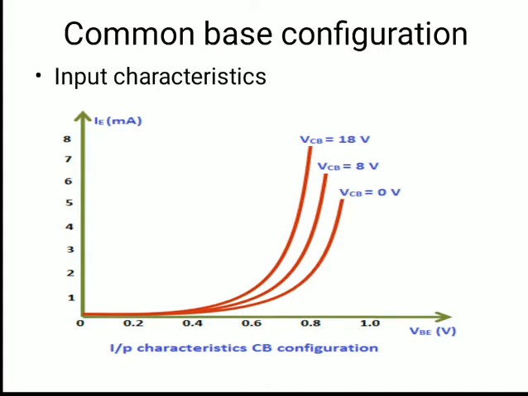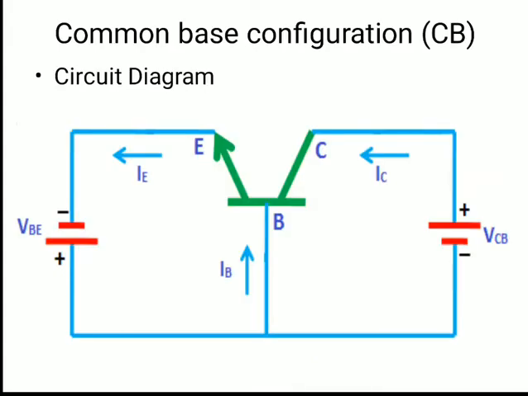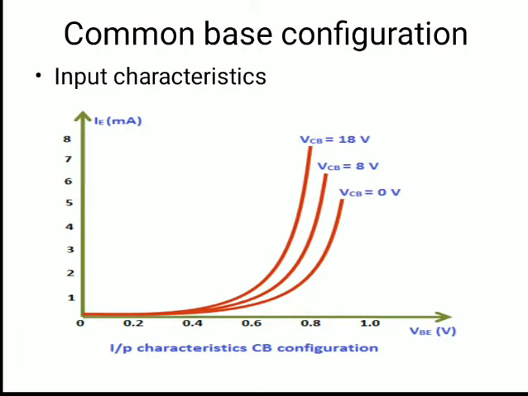When VCB was 8 volt, we got this relation, and when VCB was 18, we got this relation. Okay, so you can see here we are getting the same as a PN junction forward bias. It is nothing but a forward bias, right? Because this is the P type and this is the N type. So N is connected to negative, P is connected to positive. So we are getting a relation somewhat like a PN junction diode in the forward bias. Okay, so this is the input characteristic of a common base.